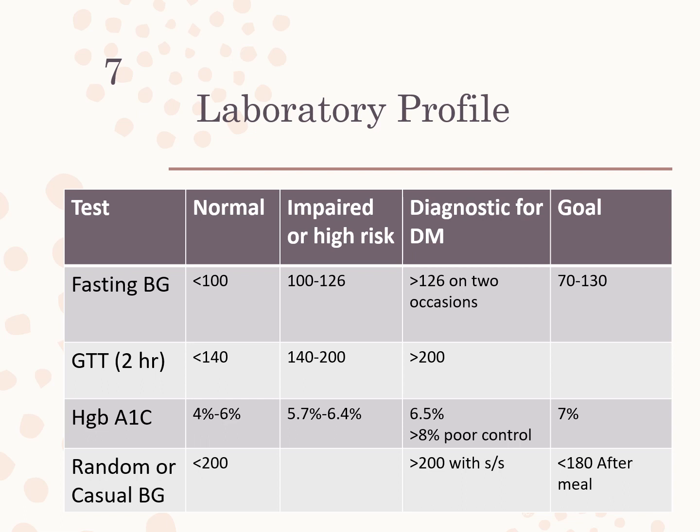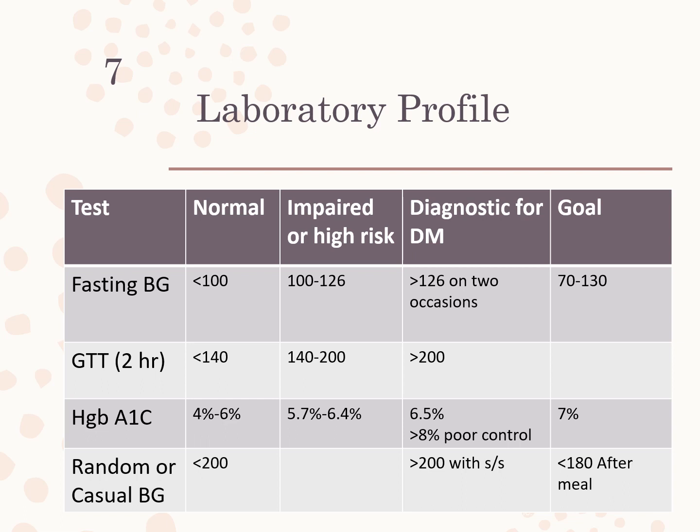We kind of need to start intervening at that point where it's impaired or high risk. If on 2 occasions it's greater than 126, they get diagnosed with diabetes. Our typical goal for our diabetics is to be anywhere from 70 to 100. That's considered the normal blood sugar level, 70 to 100.